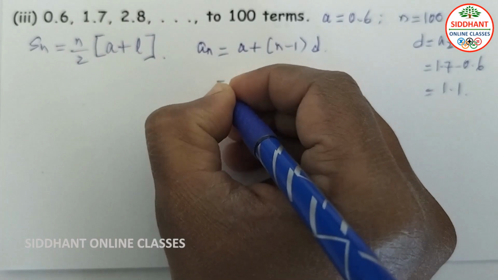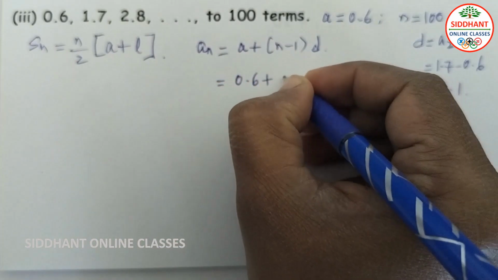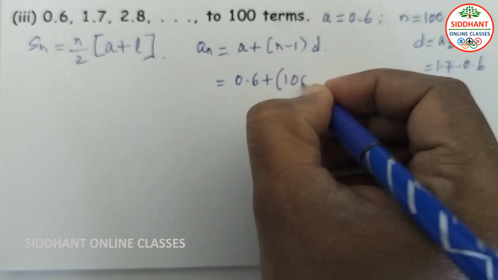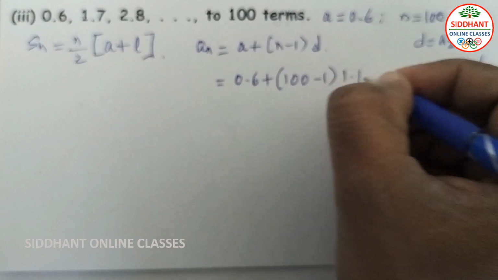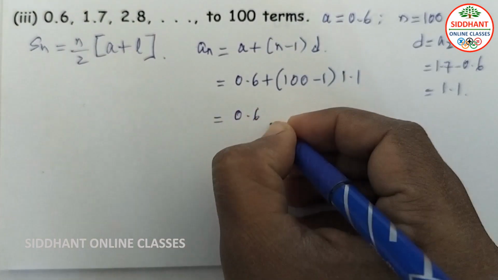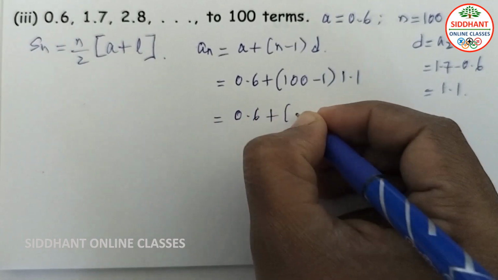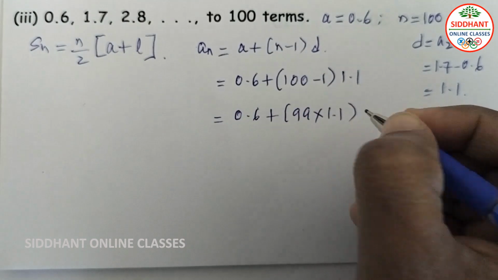So a is how much? The first number, 0.6. n is 100 minus 1. d is the common difference, that is 1.1. That equals 0.6 plus 99 into 1.1.